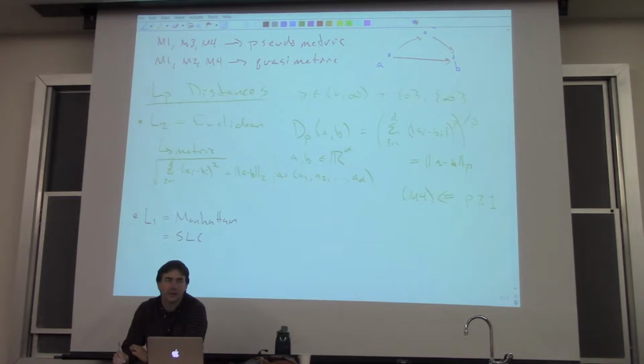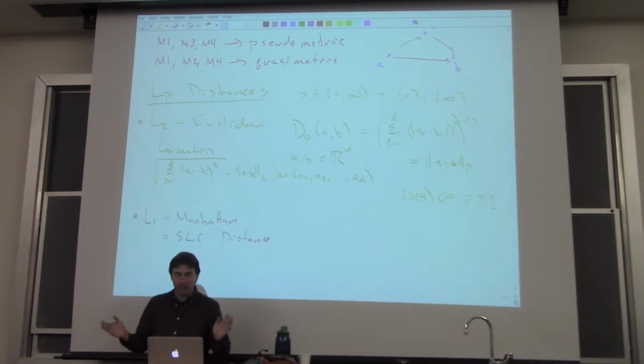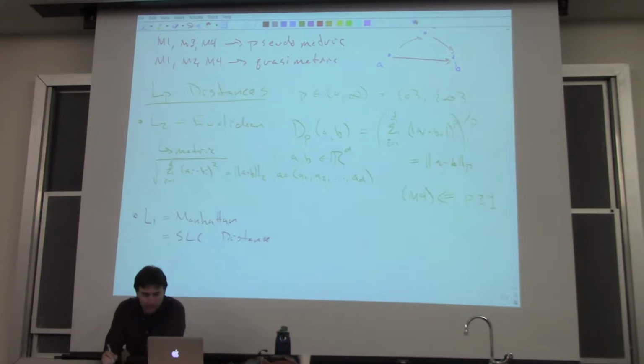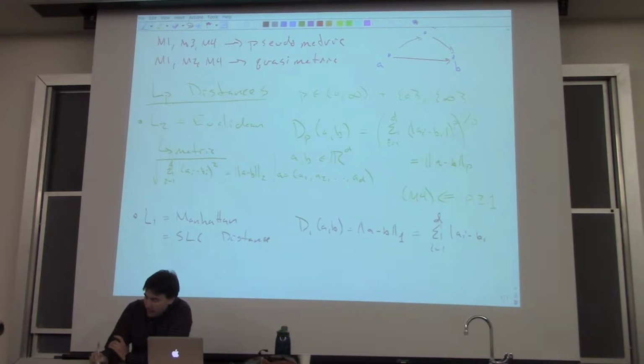You can think of it as the Salt Lake City distance instead, since we're in Utah. Works just as well. So this was d1 of A and B, often written as the norm of A minus B with subscript 1, and it's just the sum of the absolute values of all of the coordinates.